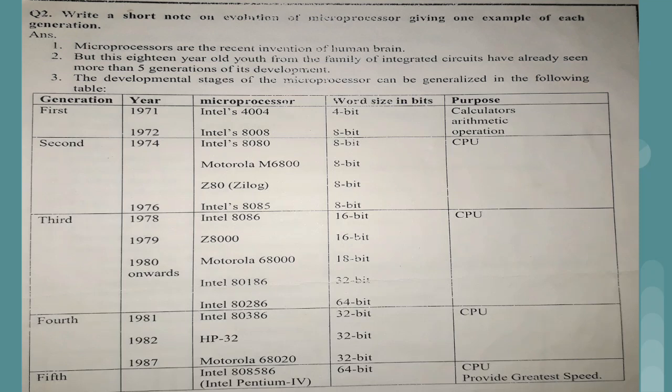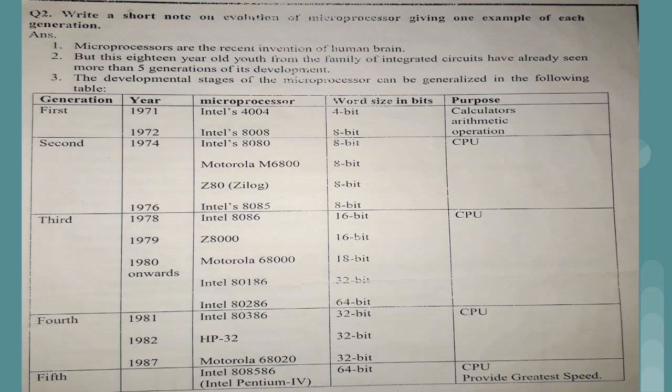The main purpose of this type of microprocessor was to perform arithmetic operations only, like addition and subtraction, not much more. I have made these notes on my own. I have created the evolution of microprocessor in a tabular format.